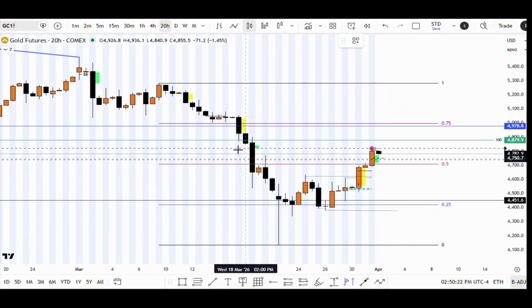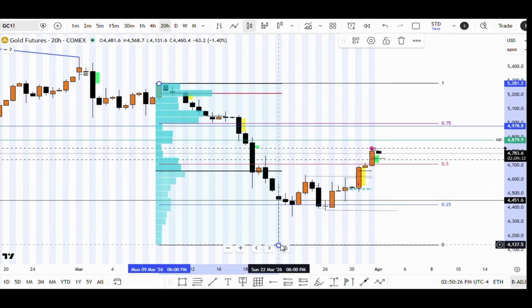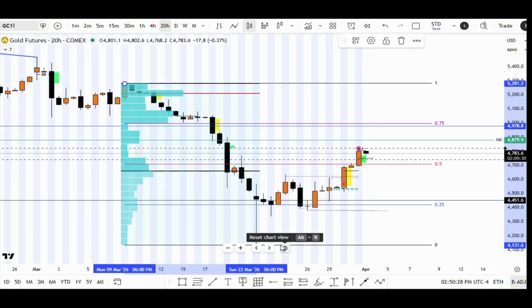So if I take the volume profile, grab it from there to this point, so the swing high to swing low, right? We can use that. Where are we? We're in that fair value area. Okay. We're not at the point of control, which is all the way here, but we're in the fair value area, right?